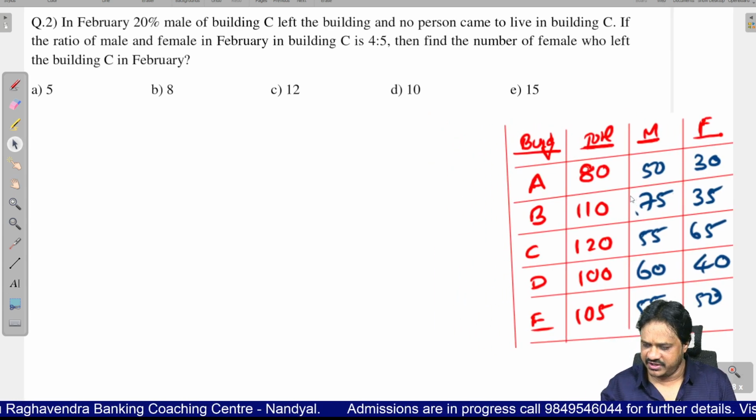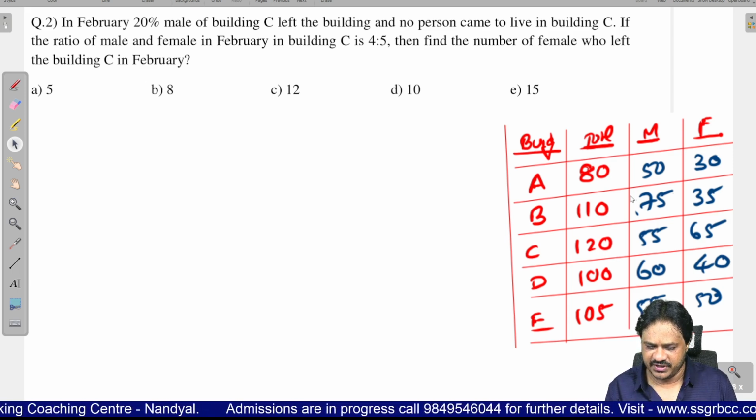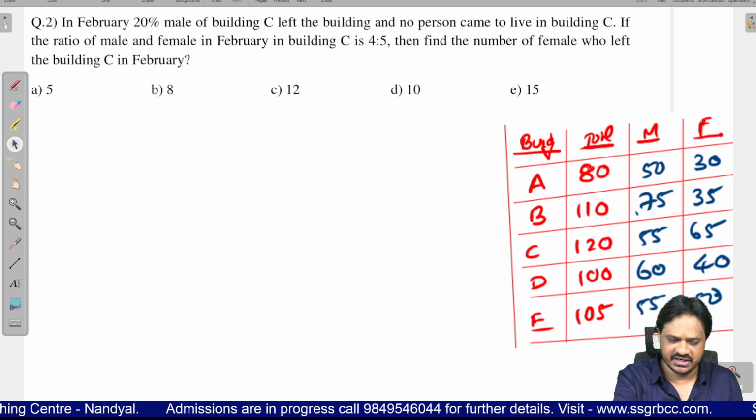In February 2000, 20% of the males of building C left the building.